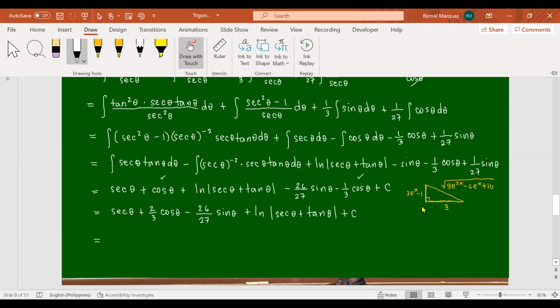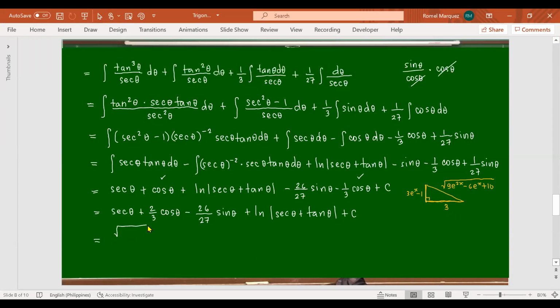What is secant theta? Radical, no? Square root of 9 e to the 2x minus 6 e to the x plus 10. I'm going to copy this because I'm going to write this again. Okay, copy.